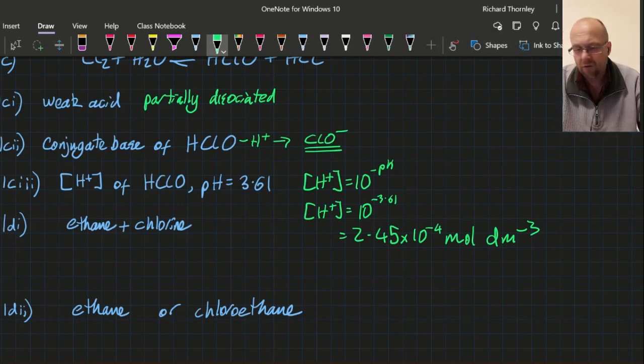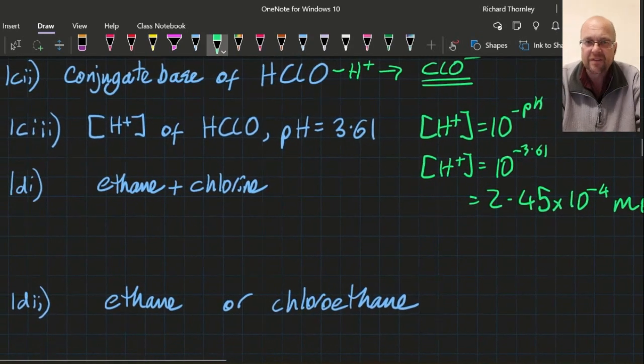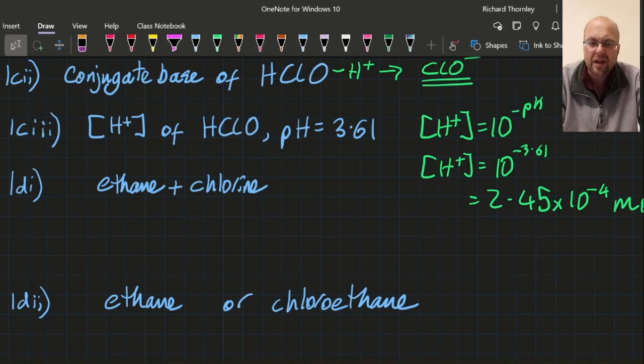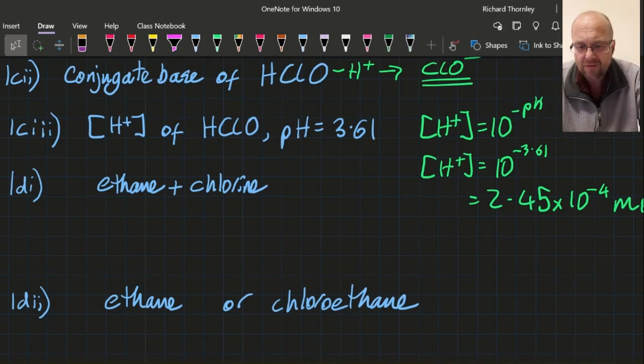Reaction of ethane with chlorine to produce chloroethane. I had kids come out of exams going, we never did this. Yes, we did. Initiation, propagation, termination. Oh yeah, that's it. So you remember that the ultraviolet light hit the chlorine and broke it by homolytic fission into 2 free radicals.